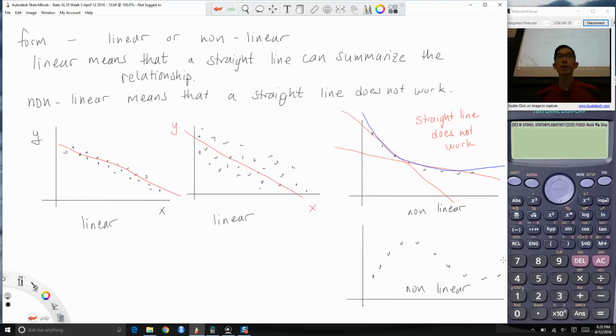The only way we can really tell if something is linear or not is to create a scatter plot and look at it.